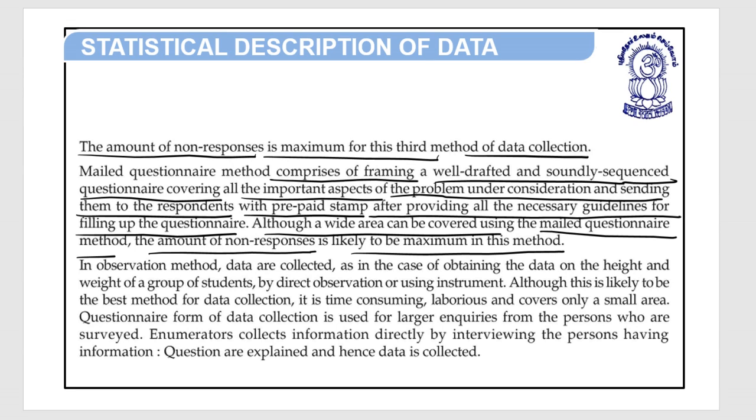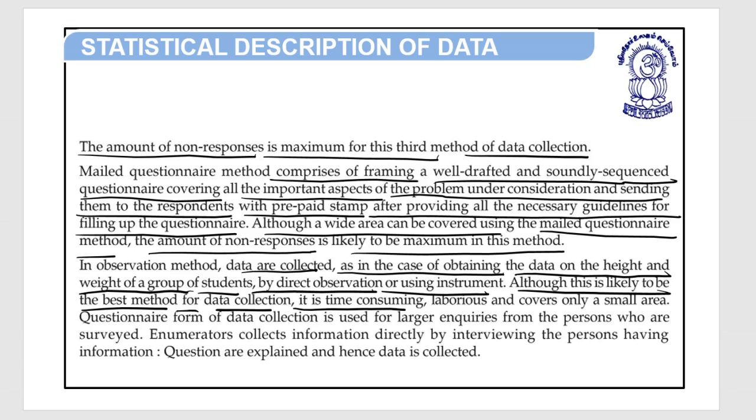In observation method, data are collected, as in case of obtaining the data on the height and weight of a group of students by direct observation or using instrument. Although this is likely to be the best method for data collection, it is time consuming, laborious and covers only a small area.